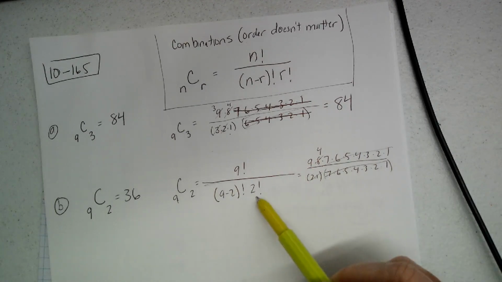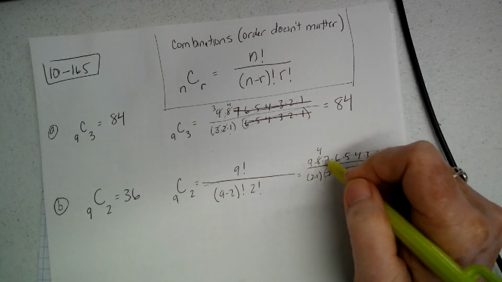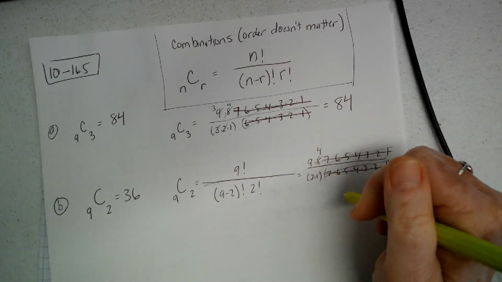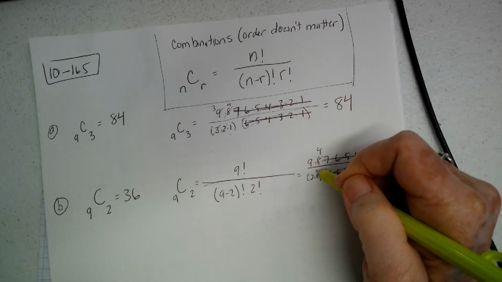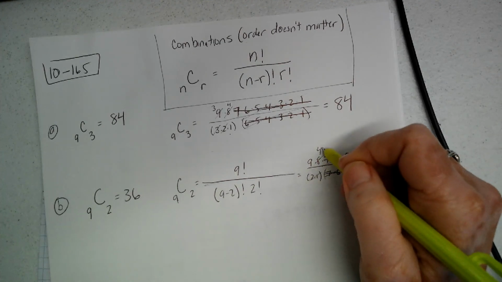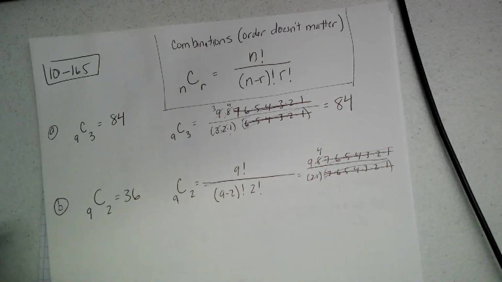And then r factorial, that's 2 factorial. So this whole thing with the 7s, it all cancels out. You don't need a calculator for this. And then 2 times 1 is 2, and if you divide the 8 by the 2, that's why I got the 4 there. 9 times 4 is 36. Okay, so that's letter B.